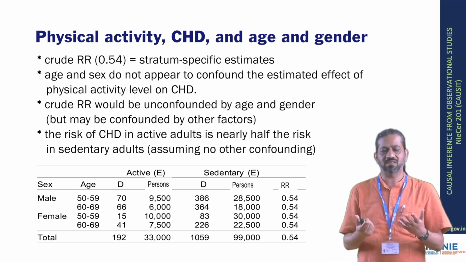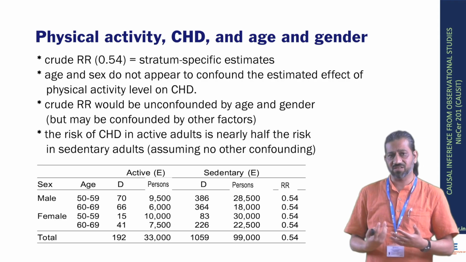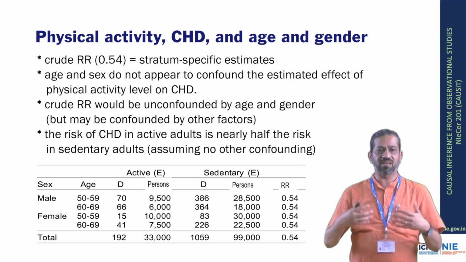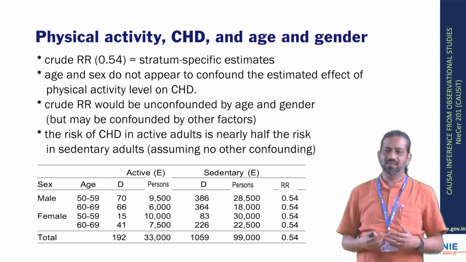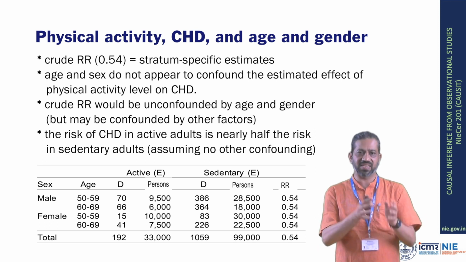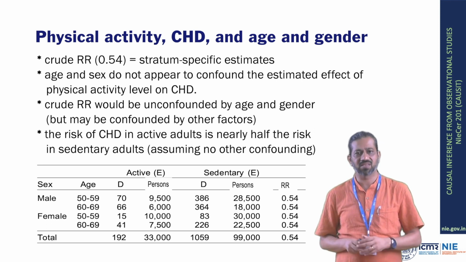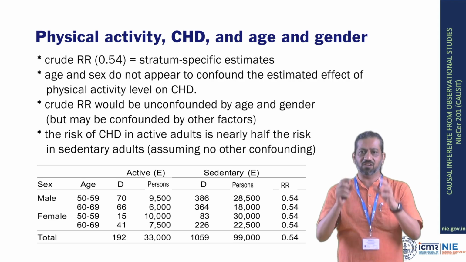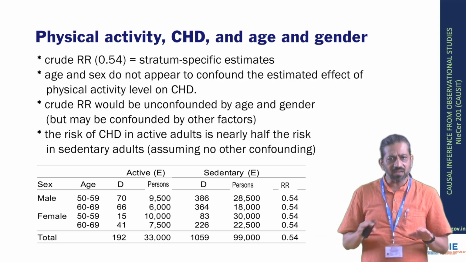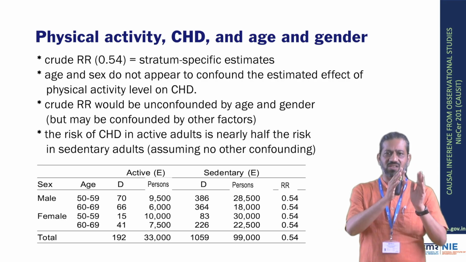So what that means is that here the crude and the adjusted are similar to each other, and hence we can infer that age and sex do not appear to confound the effect of physical activity level on CHD, and hence the crude risk ratio is unconfounded, or unbiased, by age and sex.